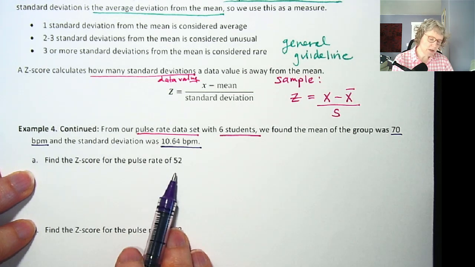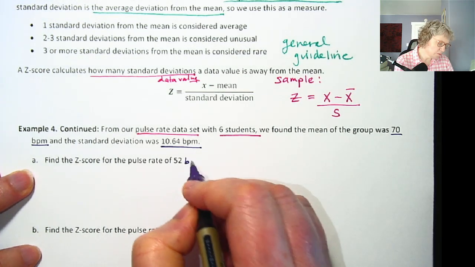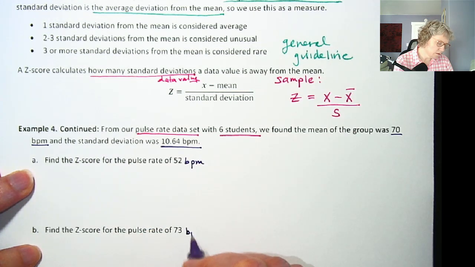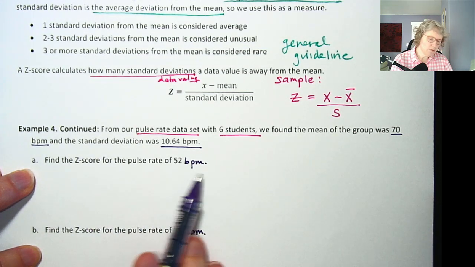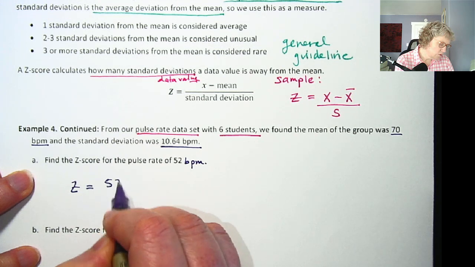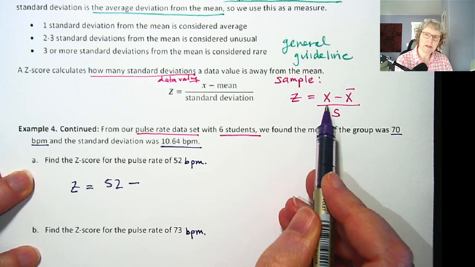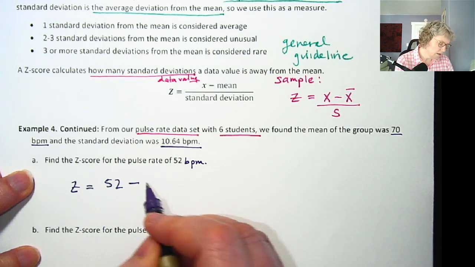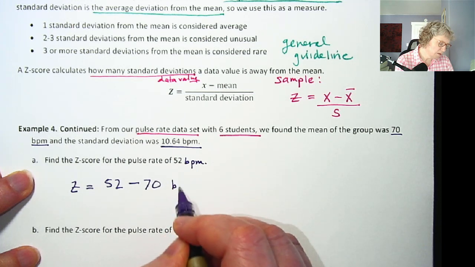So for the person who had a pulse rate of 52, I should have put beats per minute on these. I'll edit that in the notes. So for 52 beats per minute, we're going to take z equals our x value minus the mean, 52 minus 70. So this will be in beats per minute, right?